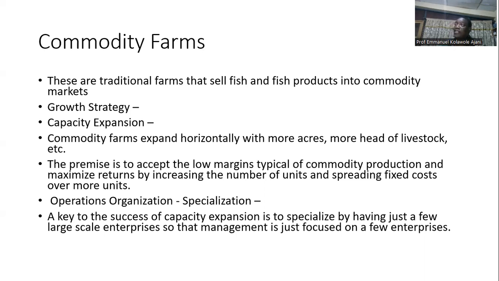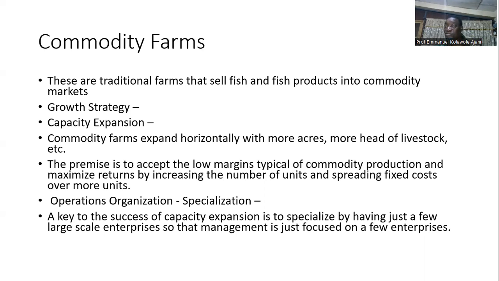Then when we look at the operational organization in terms of specialization, in this commodity market, a key to the success of their capacity expansion is to specialize by having just a few large-scale enterprises, so that the management is focused on a few enterprises. Most of these fish farms in Ilorin, Asadam we are talking about, don't go into fingerlings production. They don't go into processing.